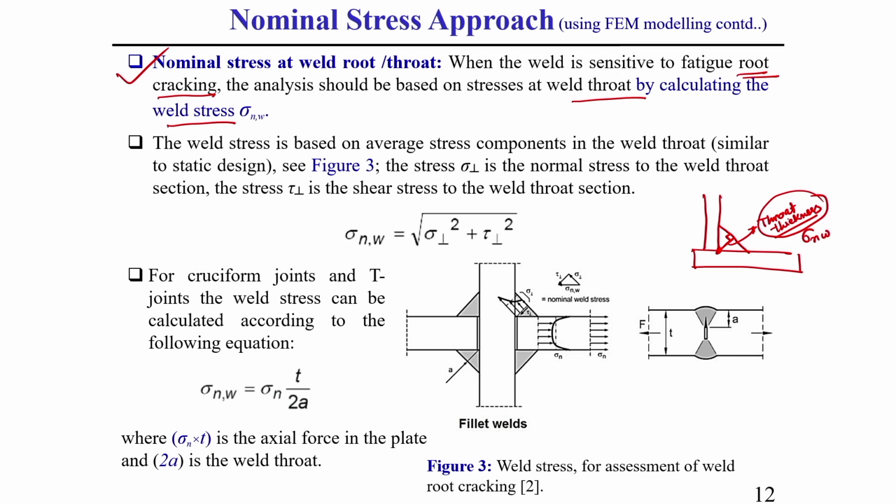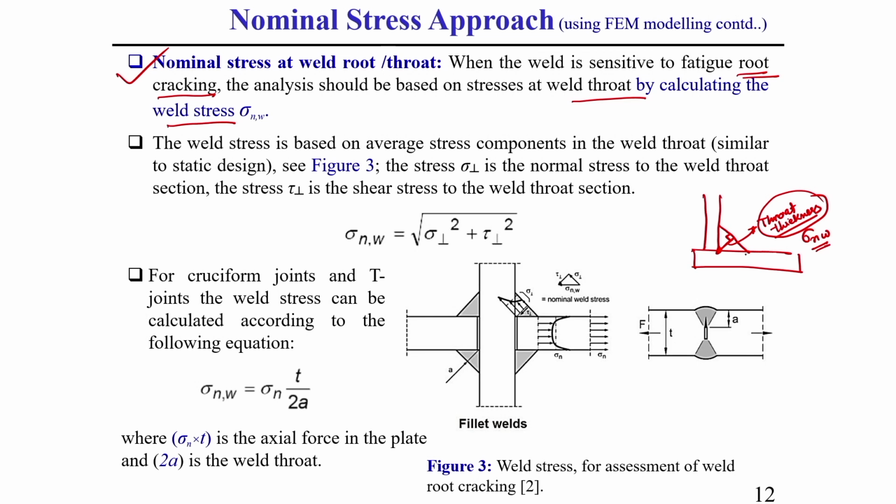Because here we are calculating the nominal stress in the welding throat. Understand what I am telling? Whereas for the toe zone, generally we calculate nominal stress at the base material zone, where the stress distribution is uniform throughout the thickness.